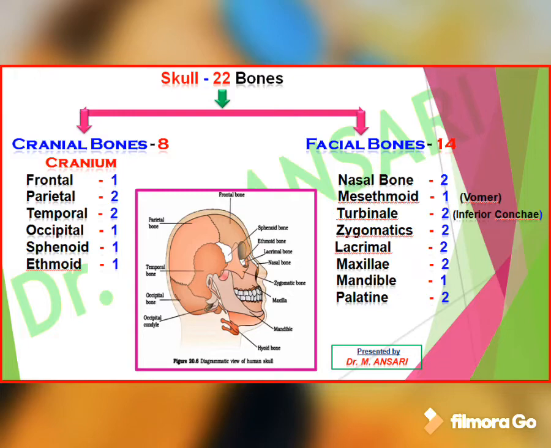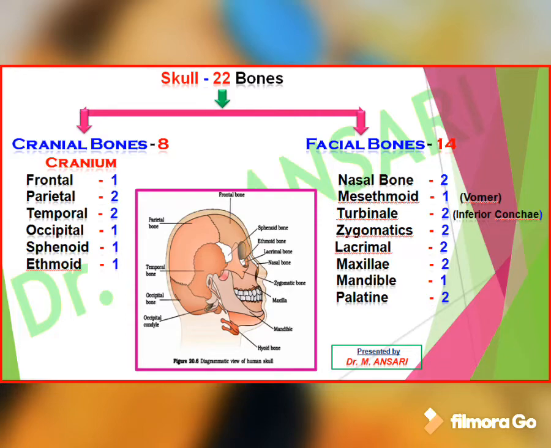The 14 facial bones include 2 nasal bones, 1 vomer or mesethmoid bone, 2 inferior conchae or turbinal, 2 zygomatics or cheek bones, 2 lacrimal bones or tear bone, 2 maxillae which act as upper jaw, 1 mandible which acts as lower jaw, and 2 palatine which form roof of buccal cavity. So all these total 14 bones are present in the face region.